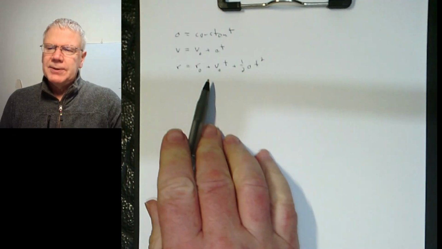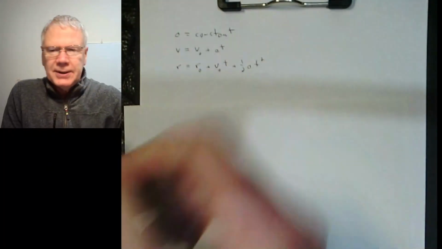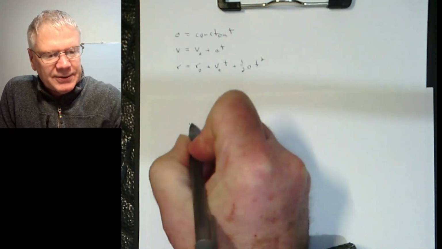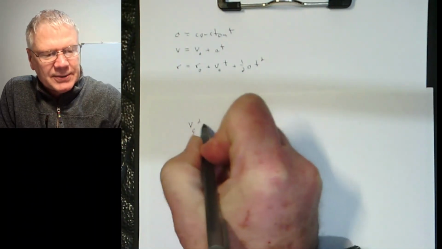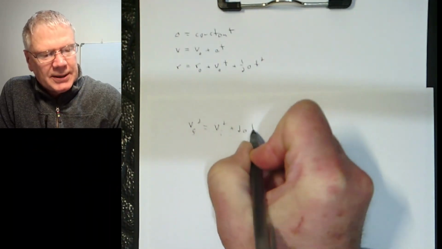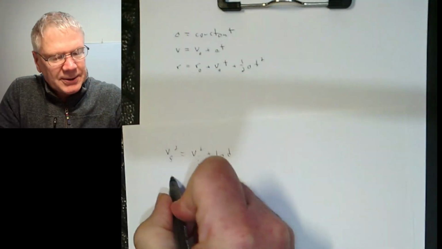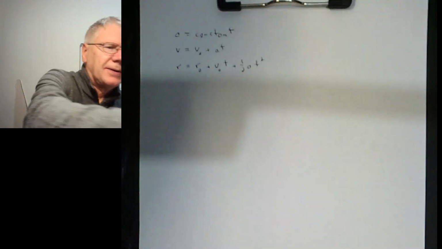There are a couple of other common ones in one dimension. We often use, on this scrap paper here, because this is an aside, velocity final squared is velocity initial squared plus 2a times the distance. There's also an equation, I don't remember it, that gives you the range of a projectile.